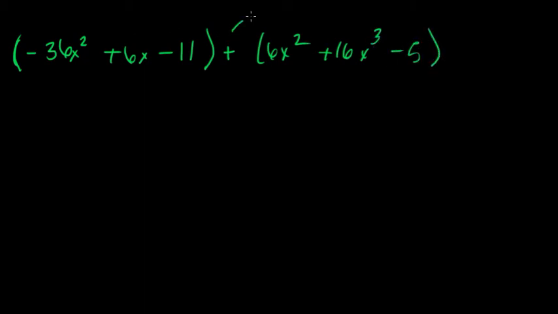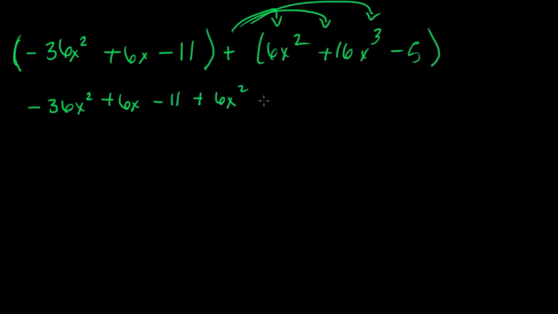Well, we distribute this sign to every sign in here. And of course, since it's a positive, all these signs will stay the same. So I have a minus 36x squared plus 6x minus 11 plus 6x squared plus 16x cubed, and then a minus 5.